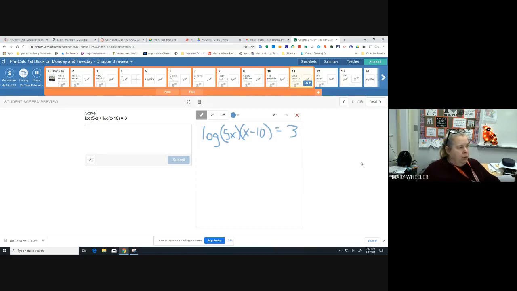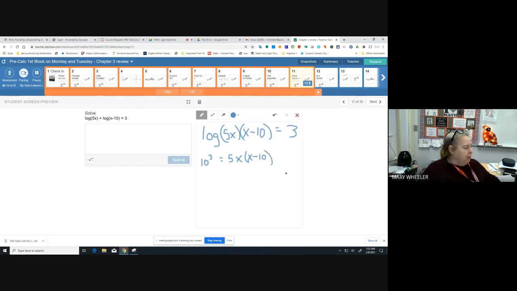Well, now I'm going to write it in exponential form. This is common log, so the base is 10. So 10 to the 3 equals 5x times x minus 10.